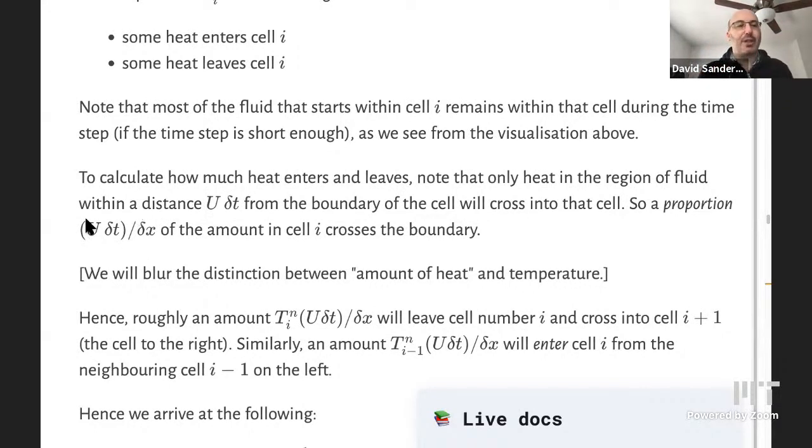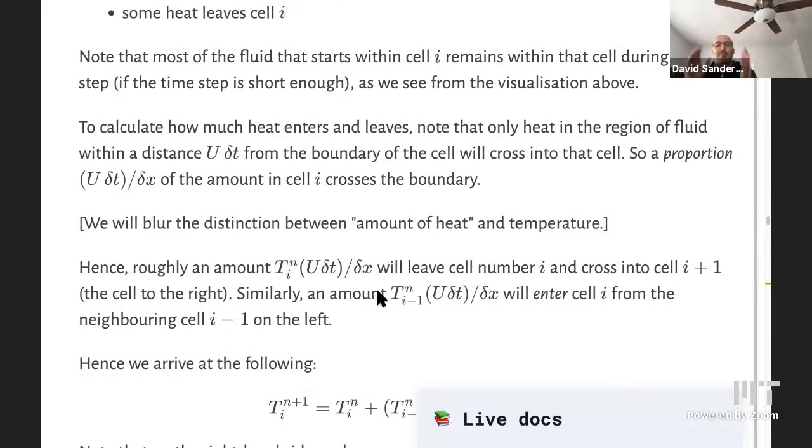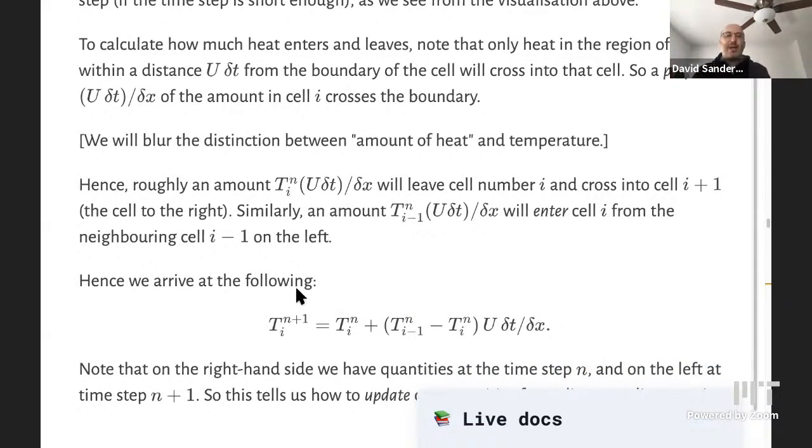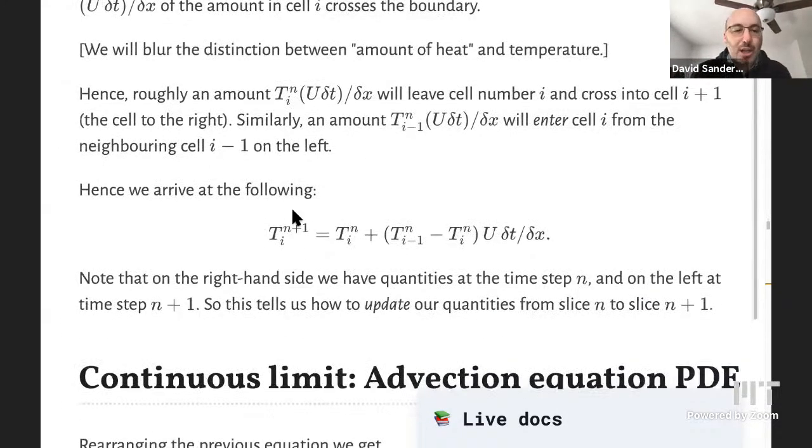So we have a proportion u delta t over delta x of the amount in one cell that's going to move into the next cell. And similarly, the same proportion of stuff from the current cell will move into the following cell. Once we write all that down, we get the following. How much heat will there be in my cell at time n plus 1?